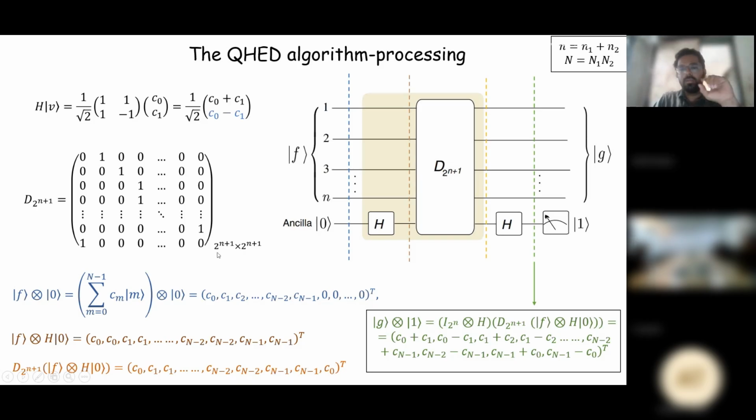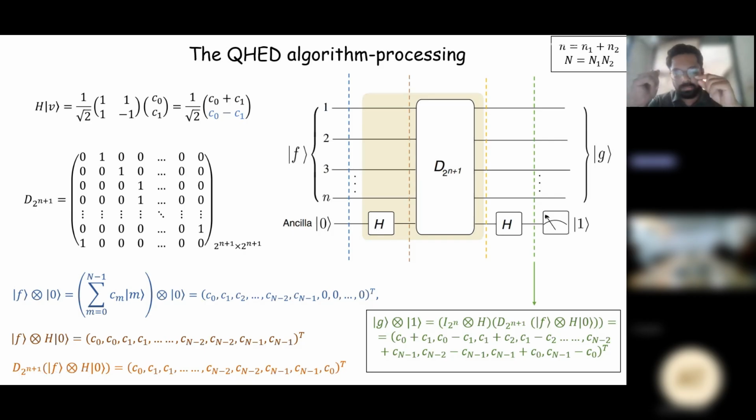As I mentioned earlier, edges are essentially the difference between two adjacent pixels. If I apply a Hadamard gate on a small vector, it's a very simple matrix multiplication, and I find that I get some difference between two adjacent values using the Hadamard gate. So naturally I apply a Hadamard gate on the ancilla qubit.